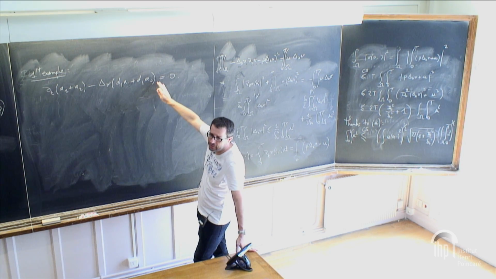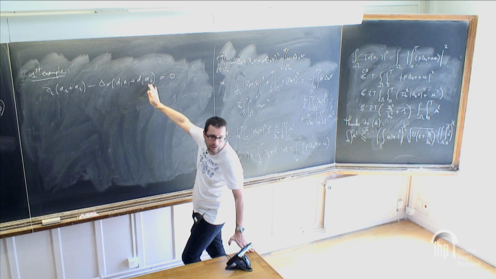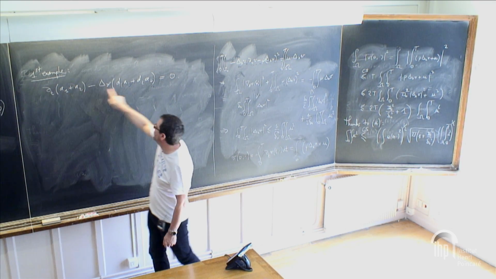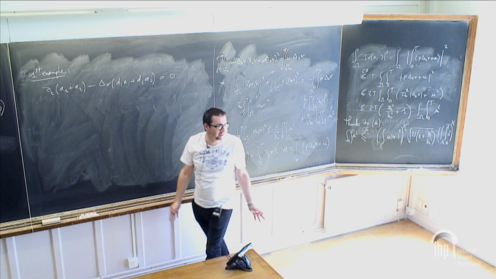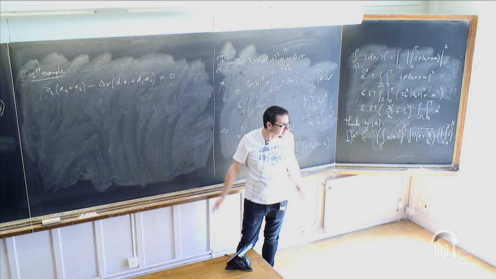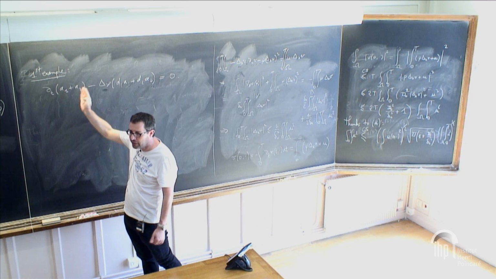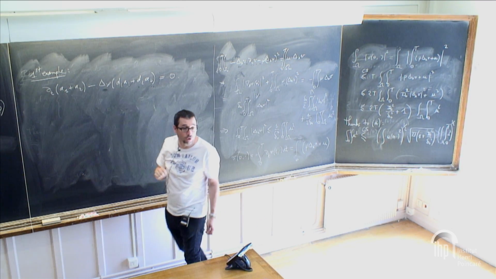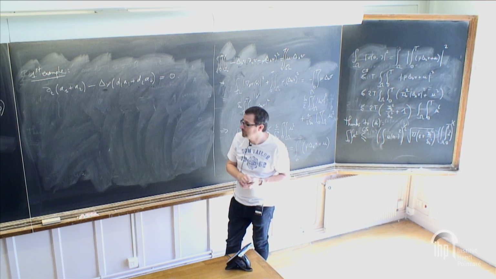Now, from this, in principle, you should not extract anything. This is not an equation. Those two quantities have nothing to do one with the other. So you should forget about this and just use the fact that by integrating in x, you get a real conservation law, which gives you an L infinity in time, L1 in x estimate.